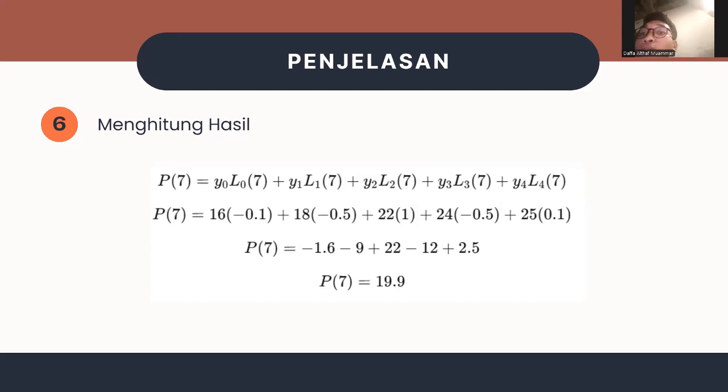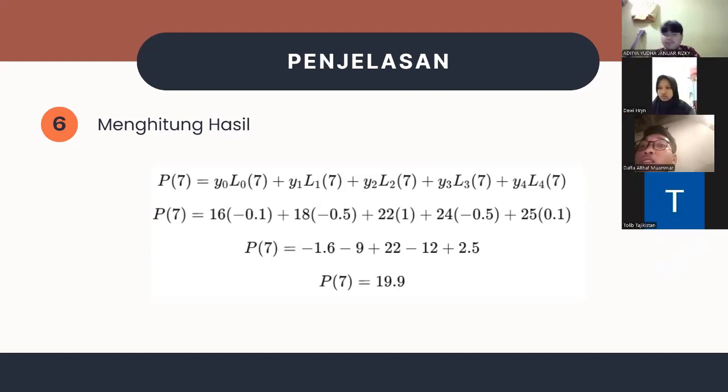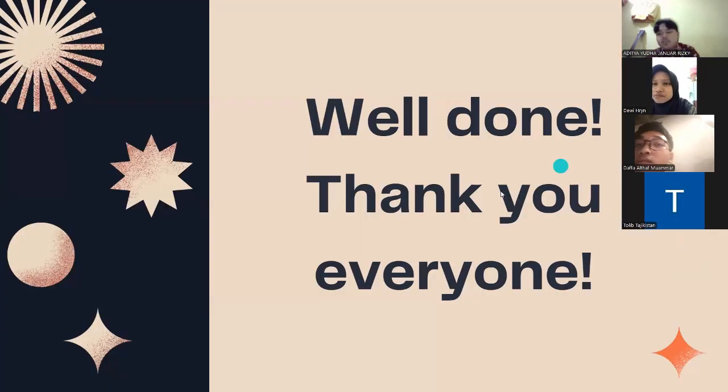So we get the result for P7. At 7 o'clock, the temperature is 19.9 Celsius.